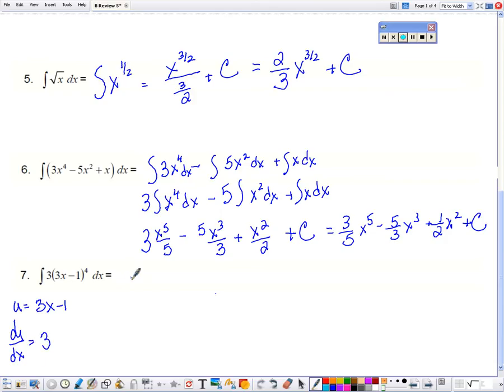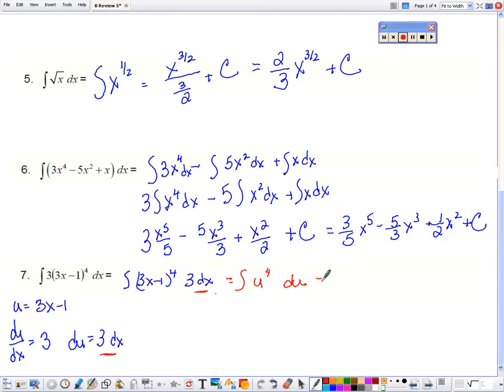So if I reorganize my integral here, if I solve for du, that equals 3 dx. So I can substitute for 3 dx the du, and instead of 3x minus 1, I make that u to the 4th.